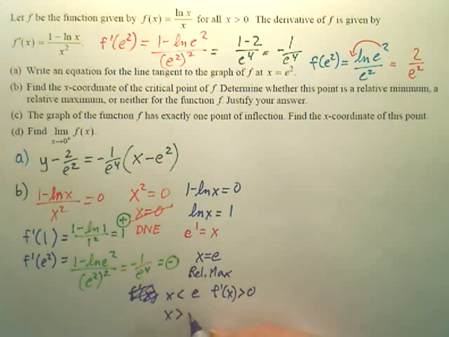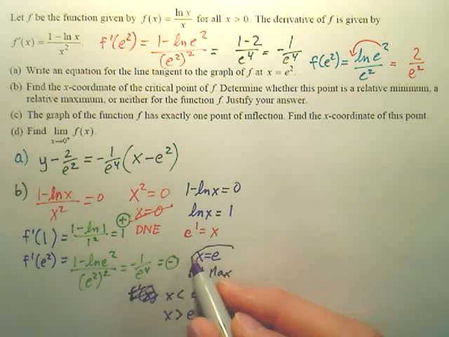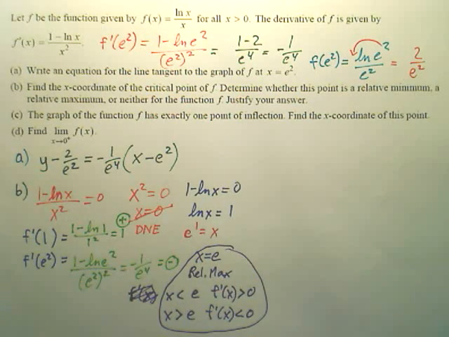When x is greater than e, f prime x is less than 0. Do you guys understand this right here? This is saying when it's less than, it's positive. When it's greater than, it's negative. That means it's a max. There's my explanation. That would be a very good explanation that you could use.